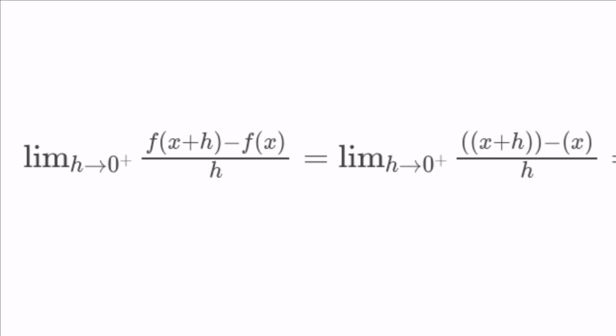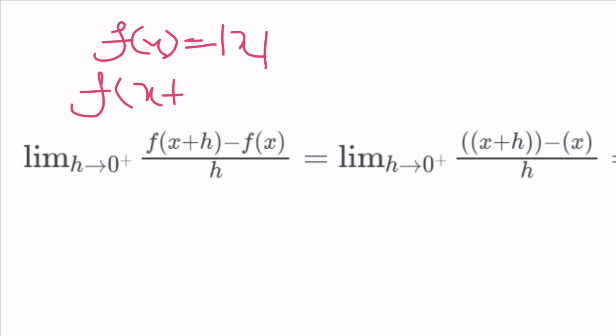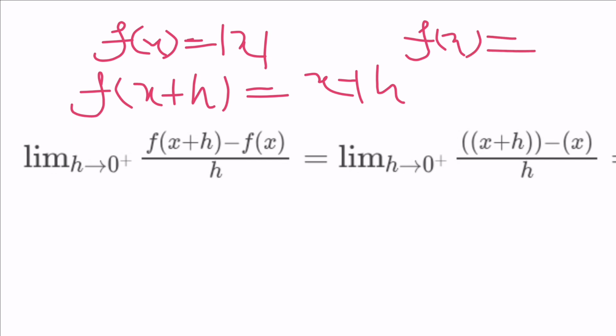Now the limit from the right side. Here the function is f(x) equal to |x|. So from the right side, f(x+h) is equal to x plus h and f(x) is equal to x.